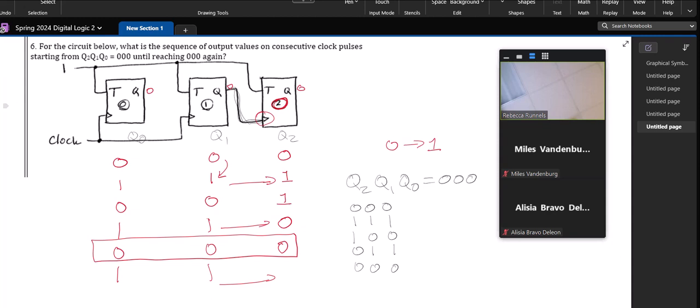So Q2 can only change when Q1 goes from 0 to 1. On the first step right here, Q1 went from 0 to 1, so it could change. But on the next one, it went from 1 to 0, so it stayed the same, because it can only change on the positive edge of the clock.